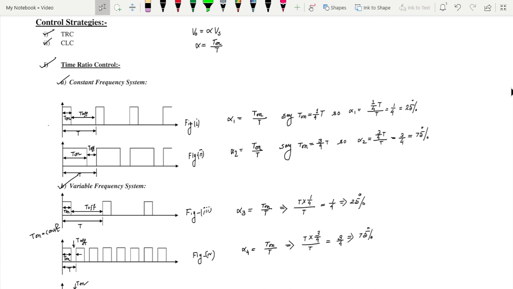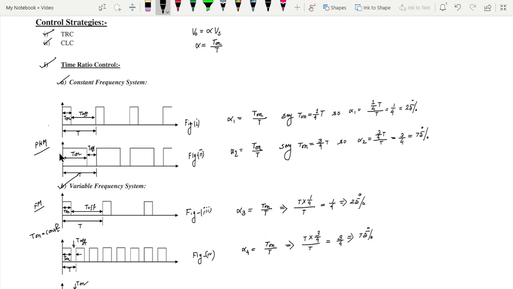The T is fixed but we are changing the on period. On period means pulse. And in case of variable frequency, we are changing the frequency, so it is also called frequency modulation, in short FM, and the other is PWM.